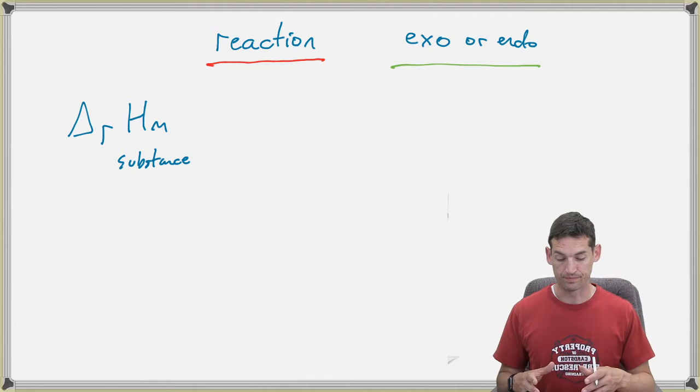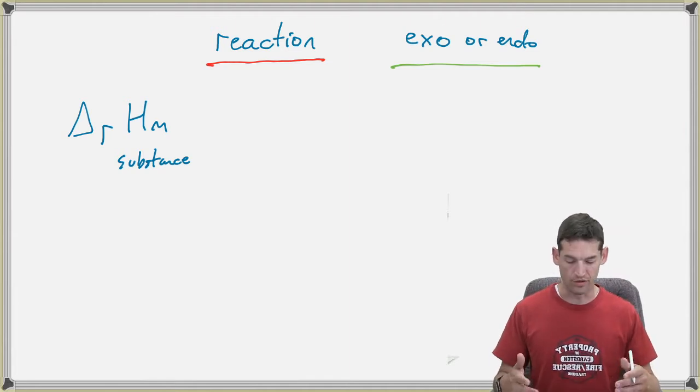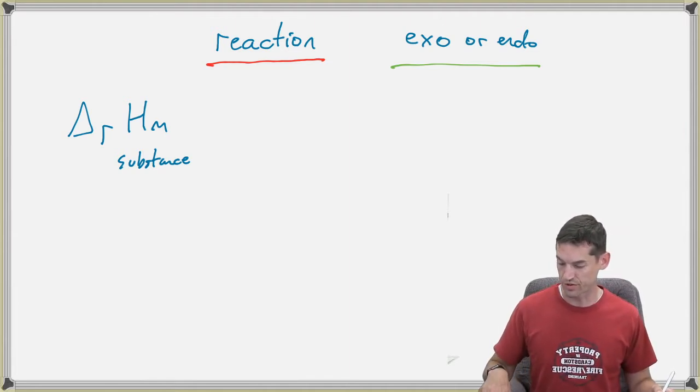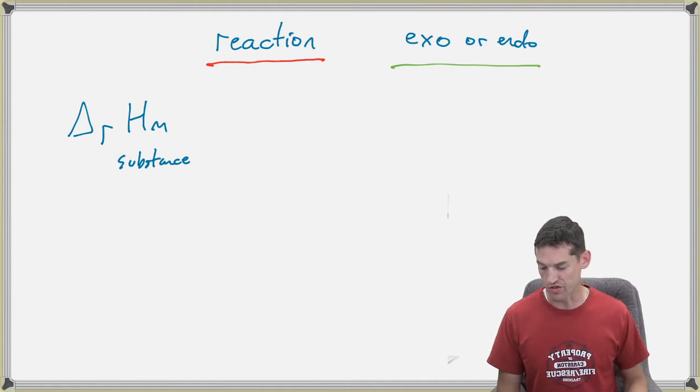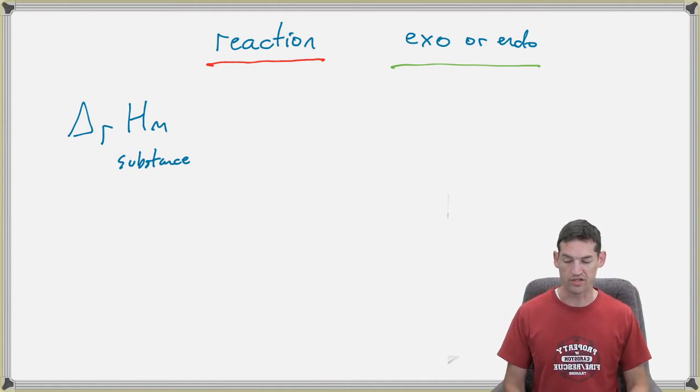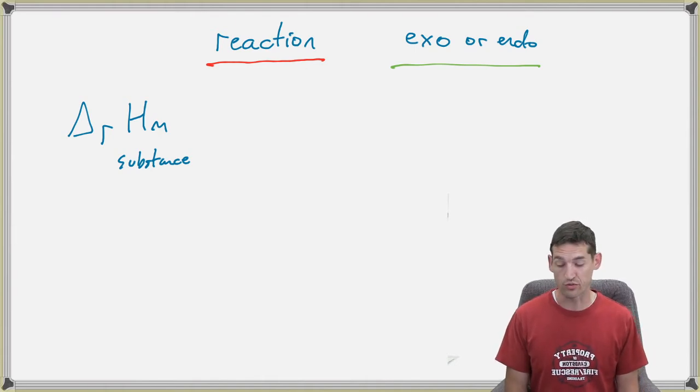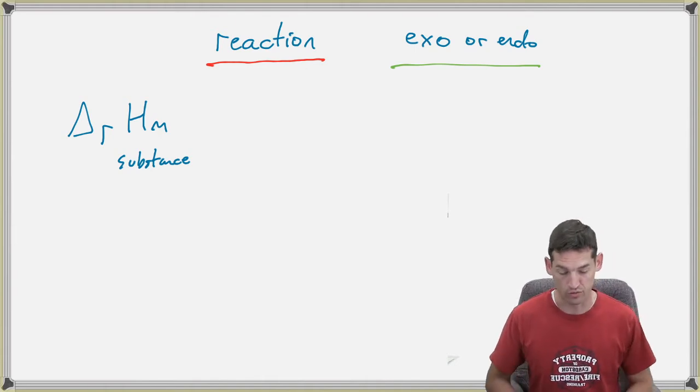So let me do an example of this one. In your notes, it gives us the example of the combustion of 1 mole of methanol releases 725.9 kilojoules.